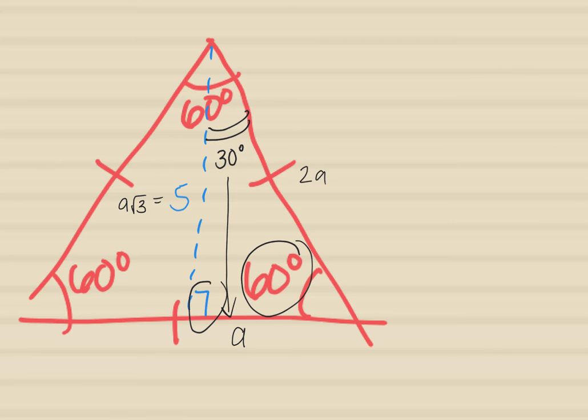So we've got the hypotenuse of 2A, the short side of A, and the medium side of A times the square root of 3. Let's solve for A. The only thing we know is that 5, so we have to use this equation. A times the square root of 3 equals 5.